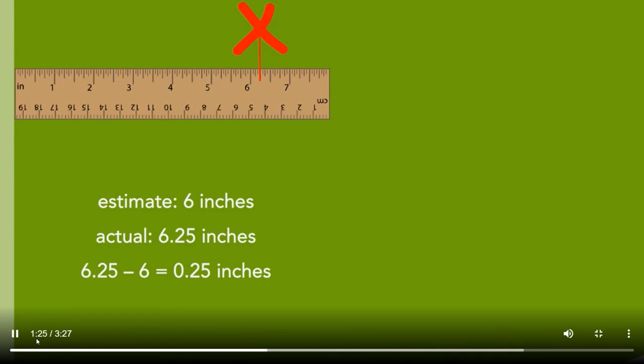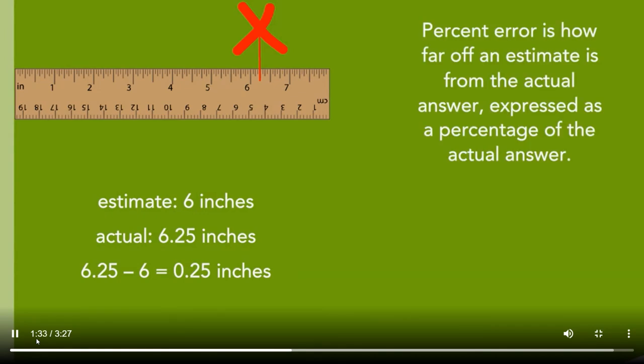I feel like a failure of a football announcer. Don't be so hard on yourself. There's a percent error, which is how far off your estimate was from the actual answer. This percent error is a percentage of the actual answer.